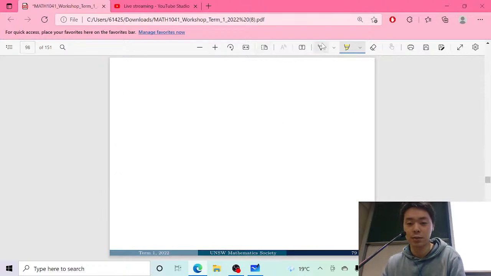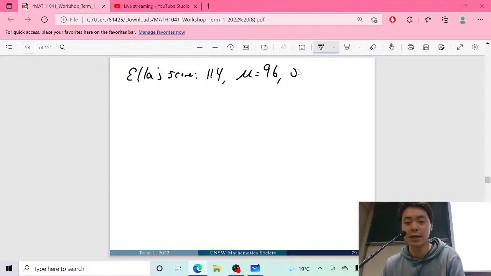So let's see how far away Ella's score is from the mean. We know that Ella's score was 114, the mean is 96, and the standard deviation is 6. So if we do the math here, this is going to be roughly 18, right?